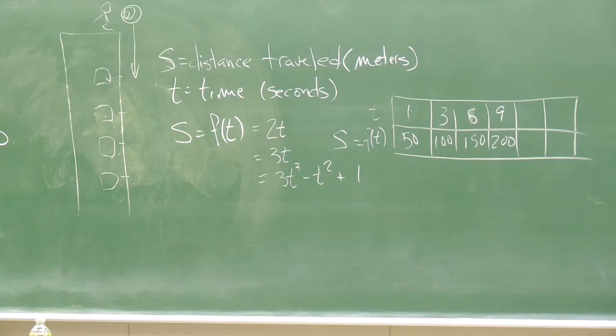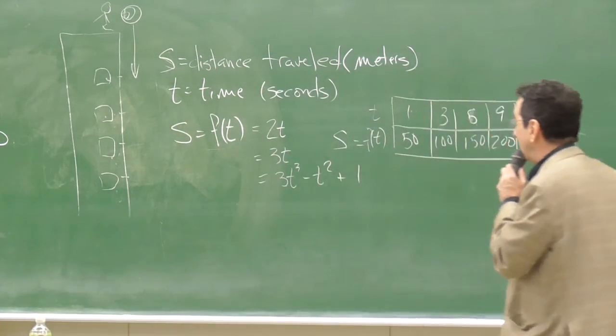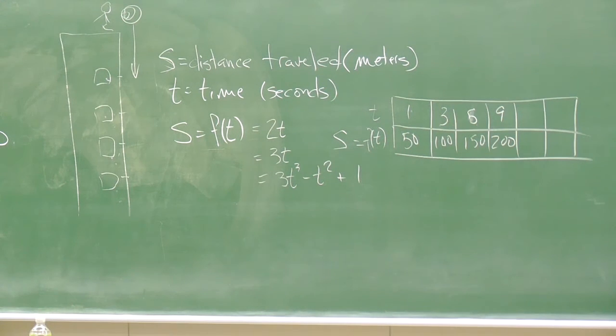At 0, it's 0, because at 0 the distance it's fallen is 0. And at 1, it's 50. So let's say this is 50.